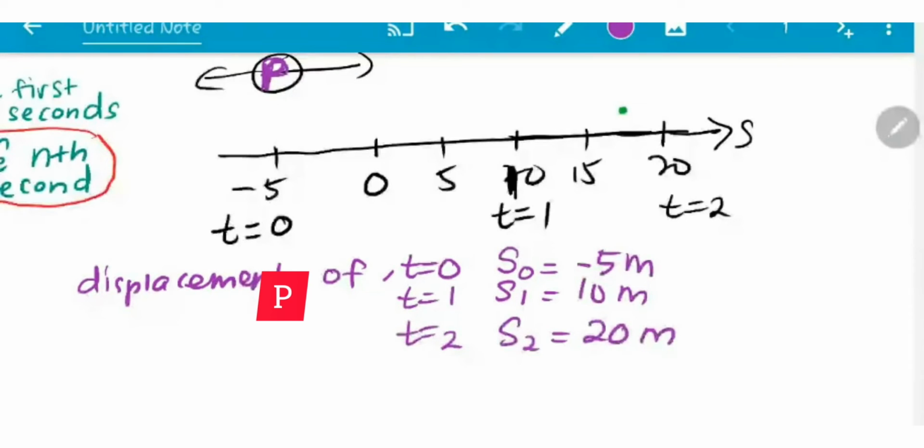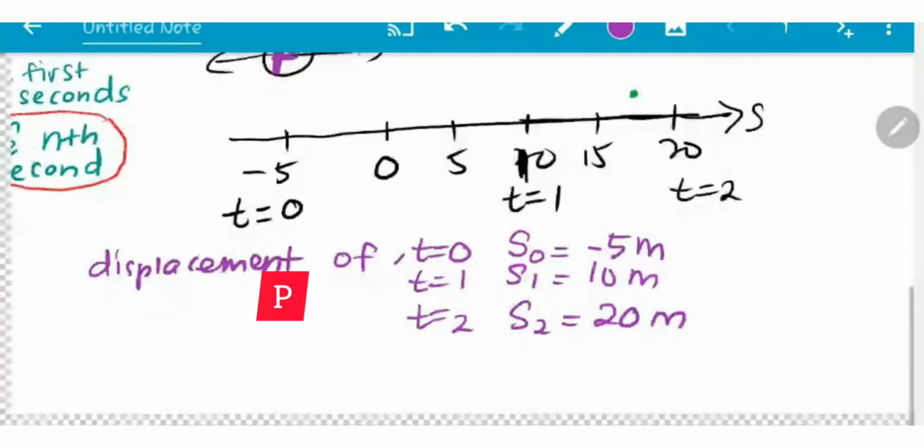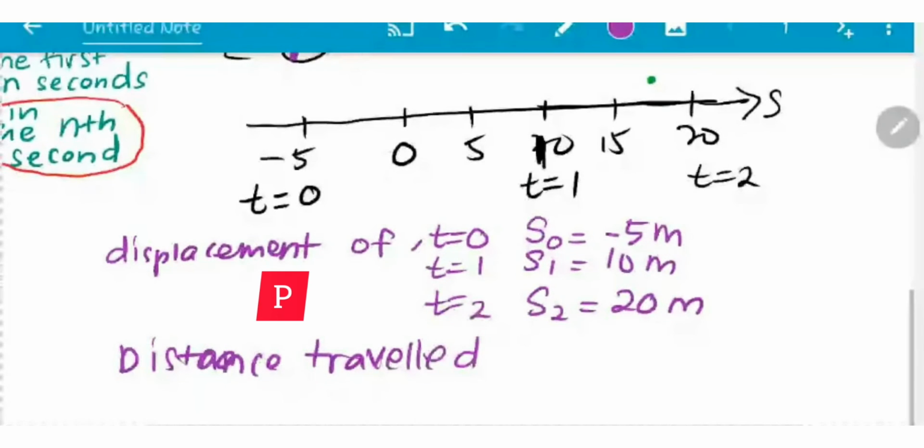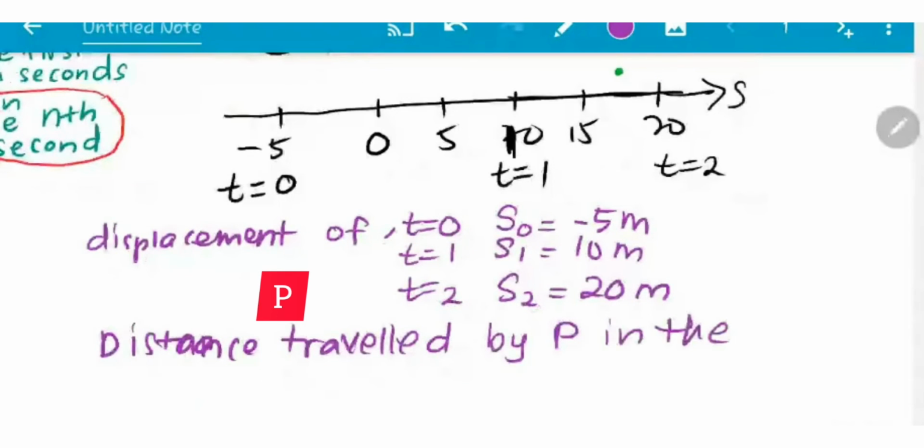Okay, sekarang saya tanya. Total distance travel. Sekejap. Distance travel by P in the second.